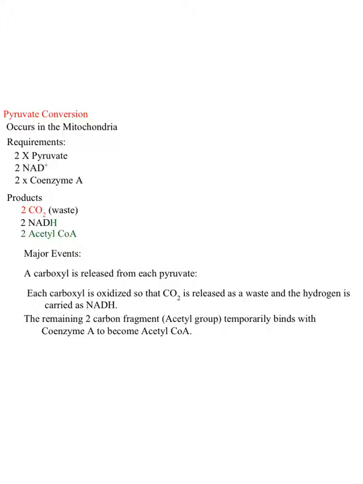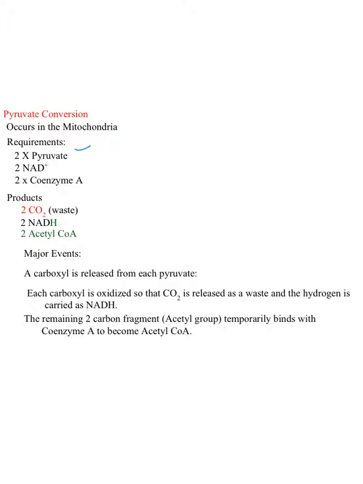But although this reaction is cyclical in nature, this portion of the reaction is not quite cyclical. So we're going to go ahead and take this out and look at this as its own separate series of reactions, even though it's not. Okay. So going into this pyruvate conversion, we're of course going to start out with a couple of pyruvates because that's what we ended up with in the last set of reactions in glycolysis.